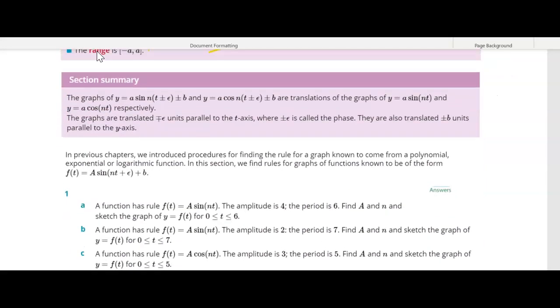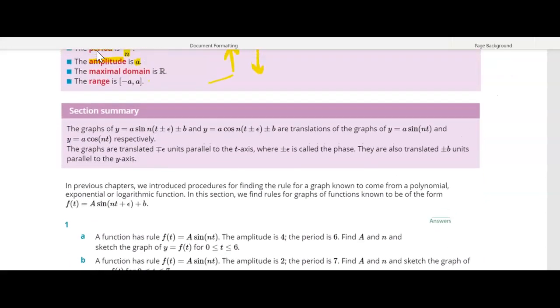Now from another section in chapter 6, we looked at the transformations. So remember, a is your amplitude, which just stretches your graph. See where n is outside the bracket, so make sure you always take n outside your brackets, and we use that to calculate the period.